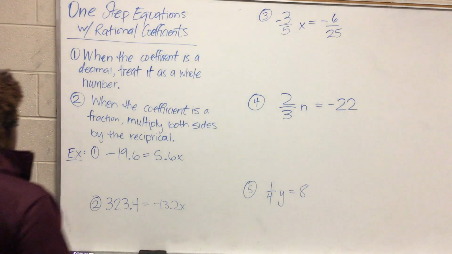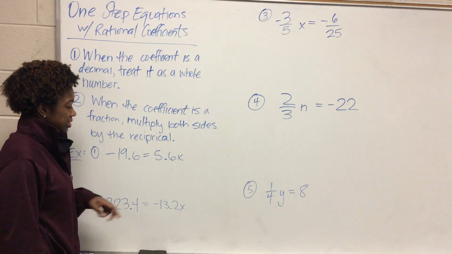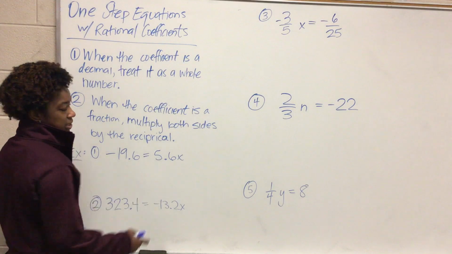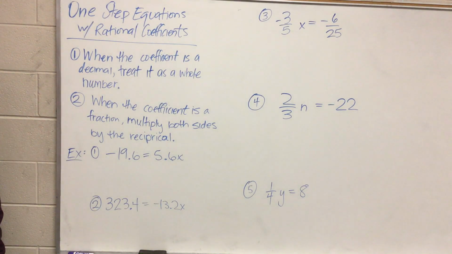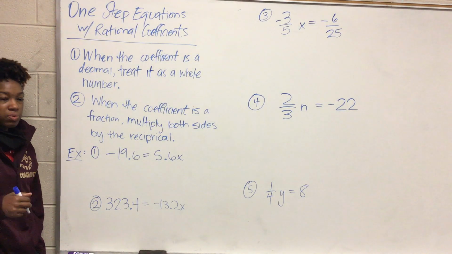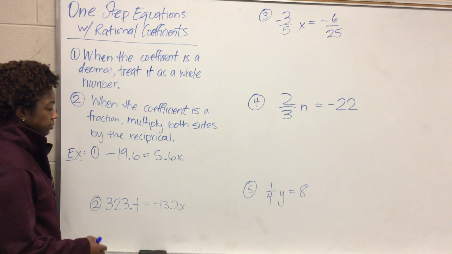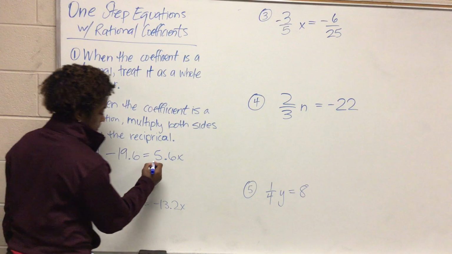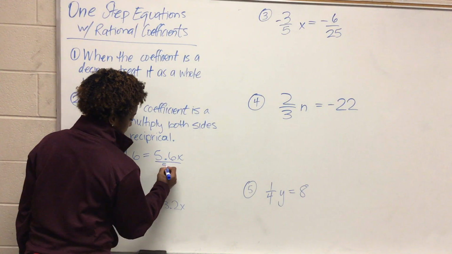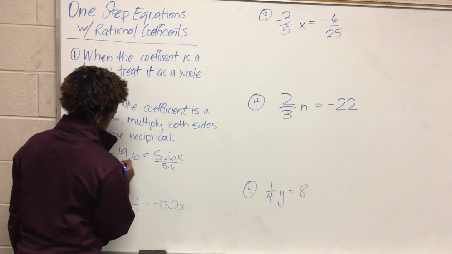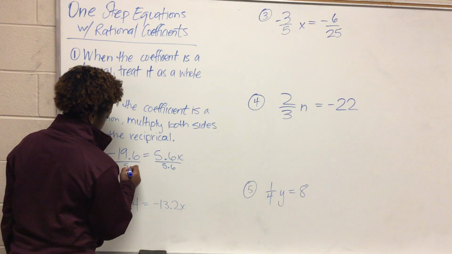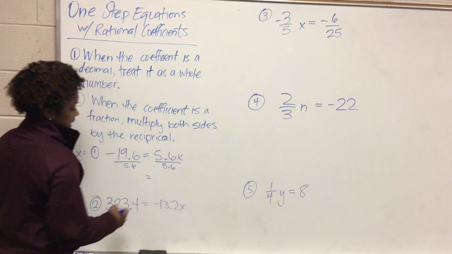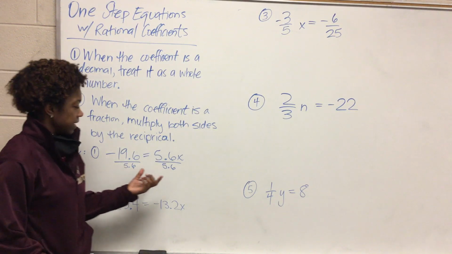Alright? So if we have negative 19.6 equals 5.6x, what is happening to the x? It is being multiplied by 5.6. So we want to do the inverse operation. So if it's multiplied, we divide both sides of the equal sign by 5.6. Alright? Bring down your equal sign. As you see, I divided it here.